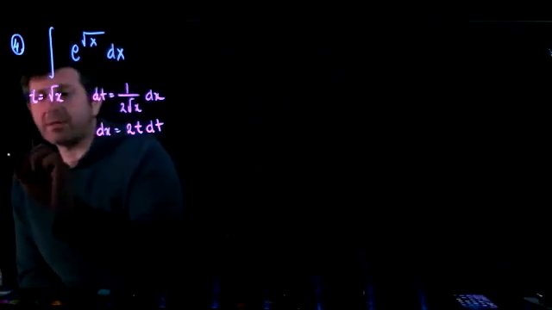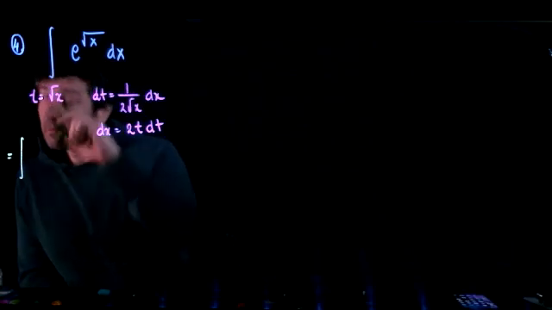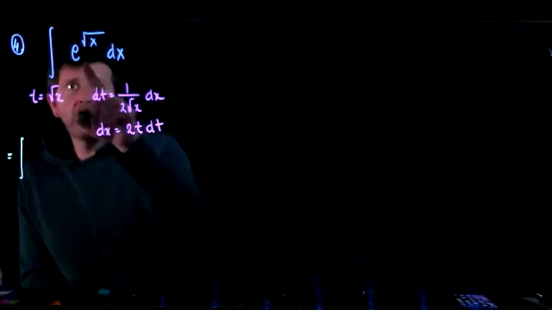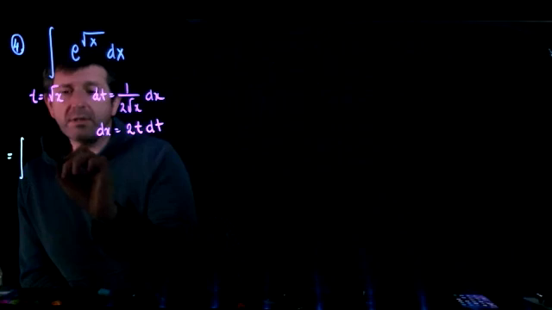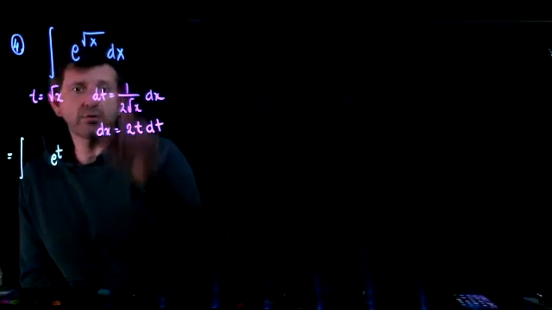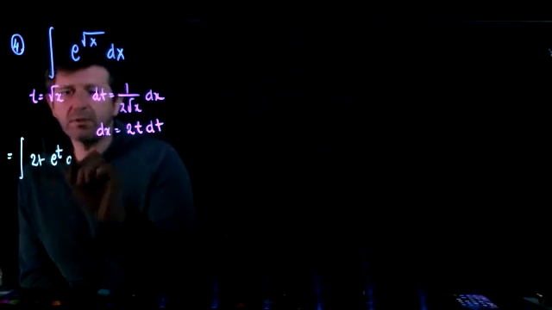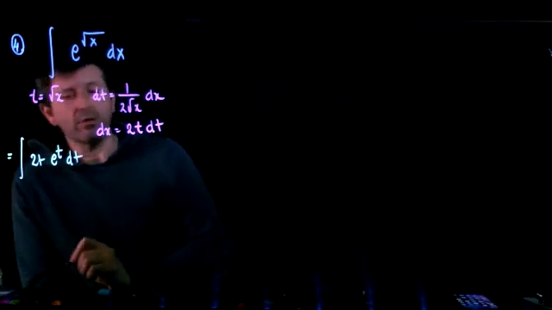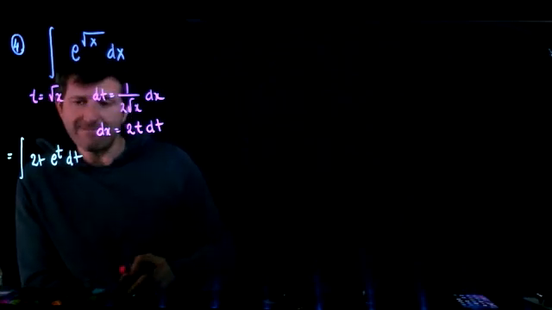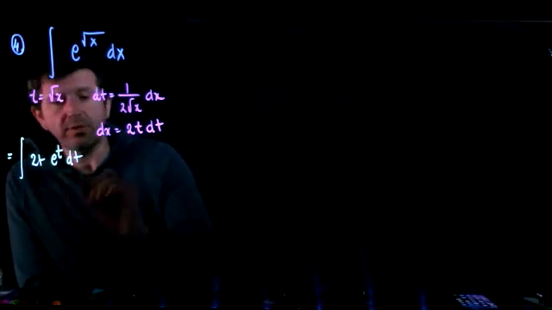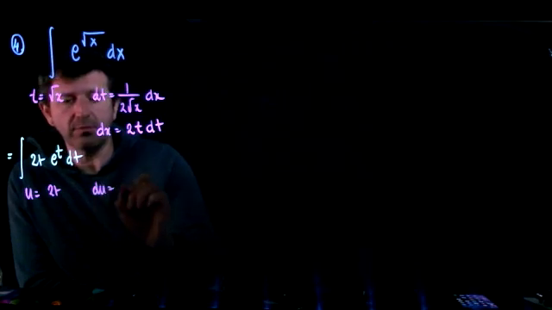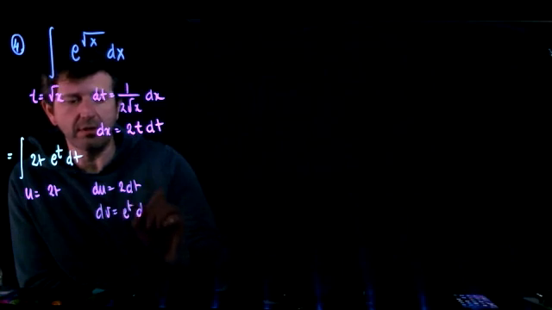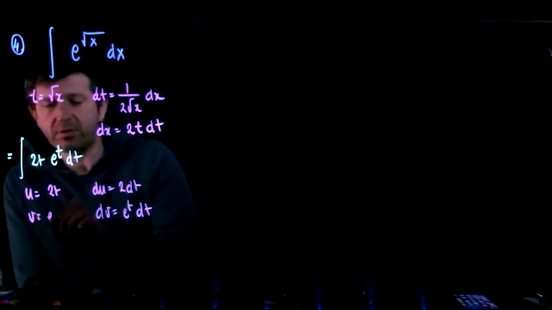And let's rewrite the integral now. It's the integral of e to the root x, so e to the t, times dx, which is 2t dt. And now I can do integration by parts here. u is equal to 2t, so du will be 2 dt, and dv is equal to e to the t dt, which means that v is just e to the t.